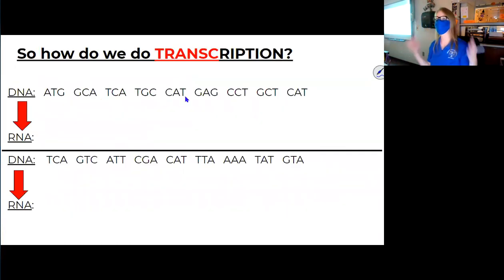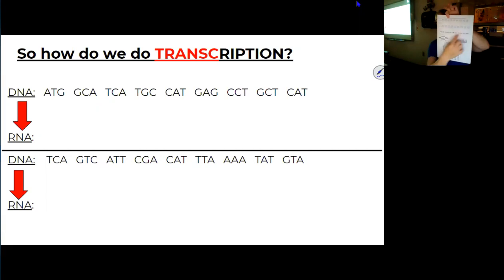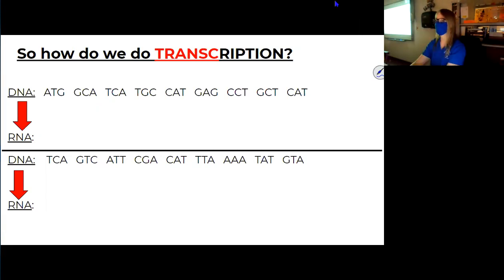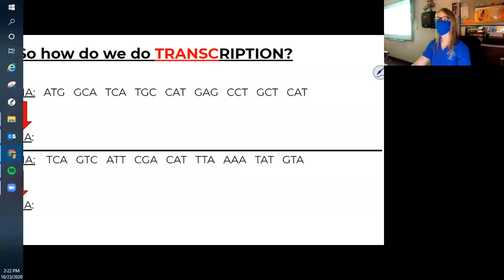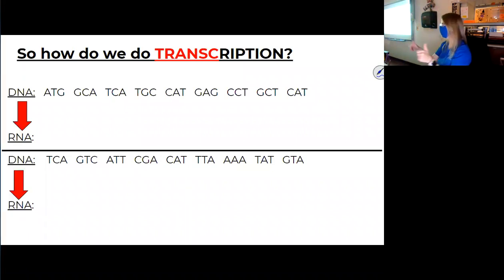So how do we do transcription? Well, let me show you. So in your notes, you go to the next page where you have all these graphics. At the top, there are 2 strands. We're going to do those strands together to make sure we got it, okay? So first we need to make a little nitrogen-based key.